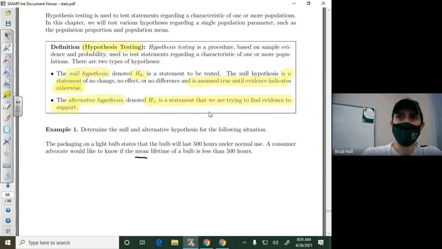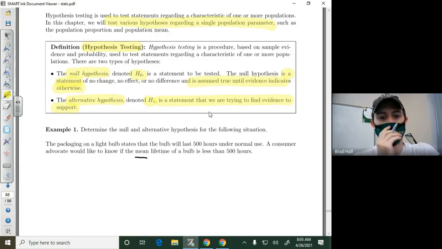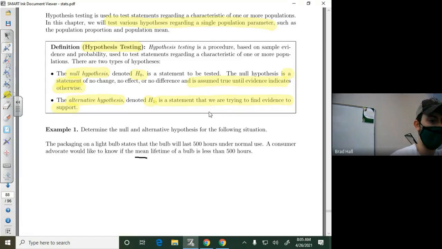This is the parameter that we are dealing with, because in the very beginning, we said we test various hypotheses regarding a single population parameter. Our population parameter that we are testing here is the only one that shows up in this problem, the population mean.